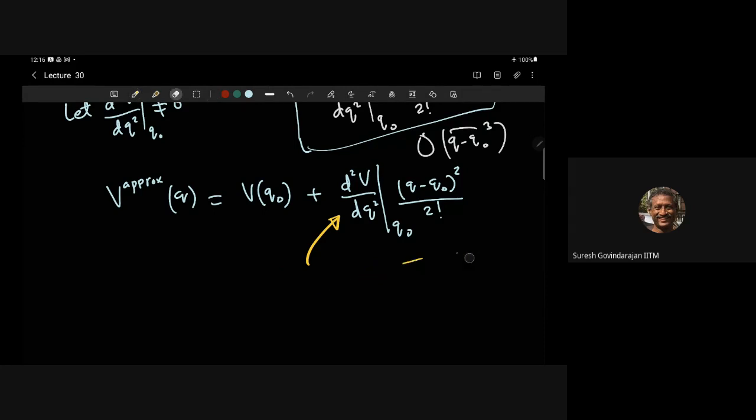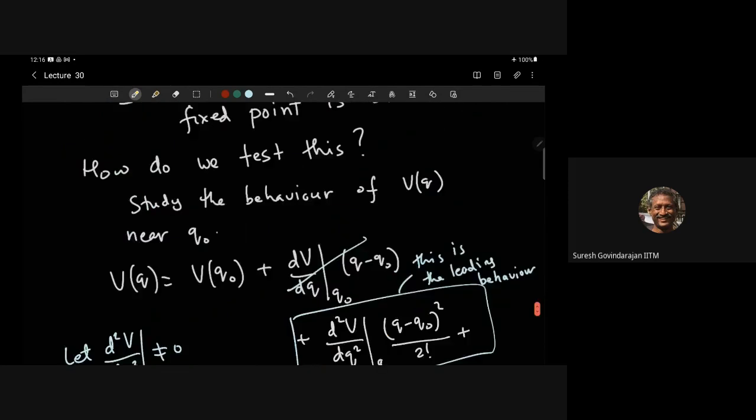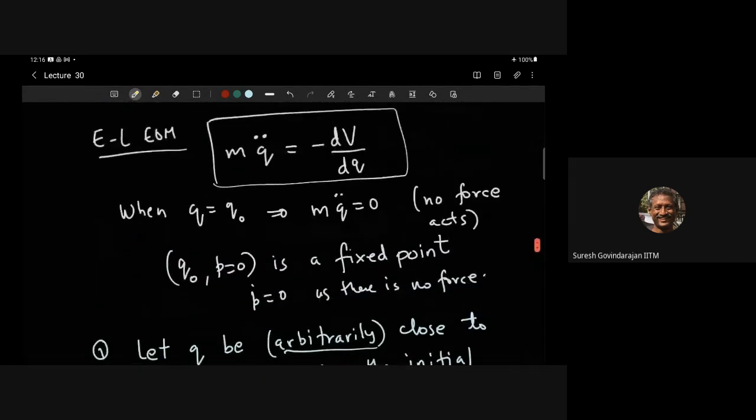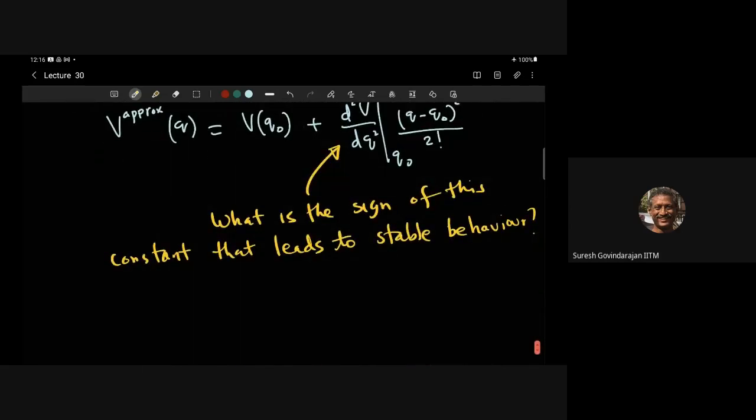What is the sign of this constant that leads to stable behavior? I'm just asking you for a sign, that's all. Positive. Okay, it should be positive.